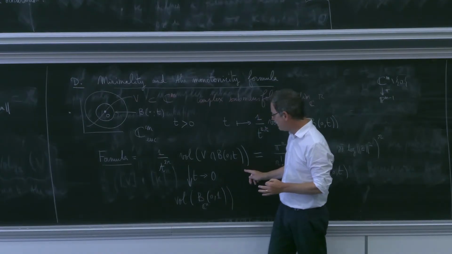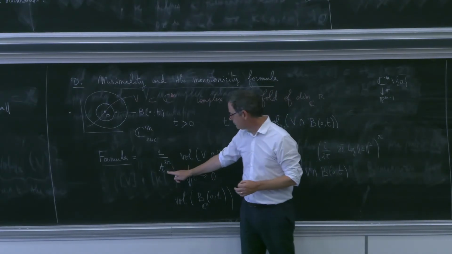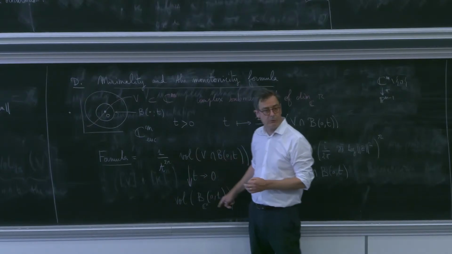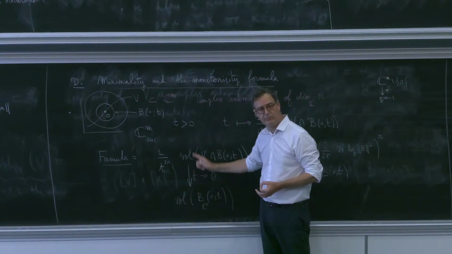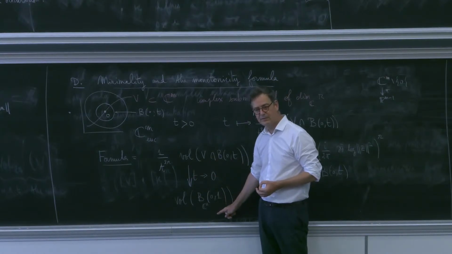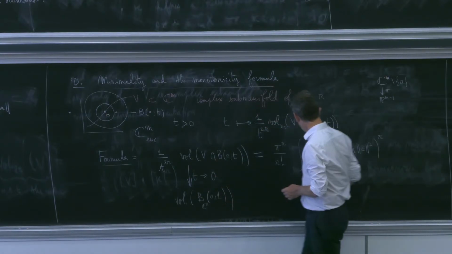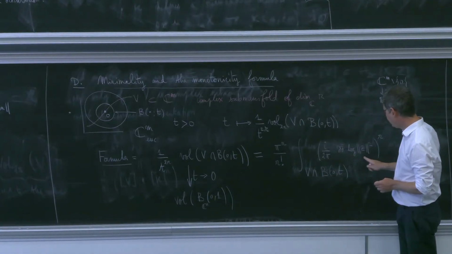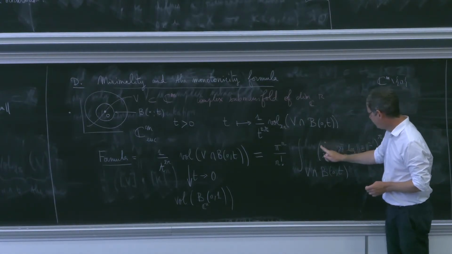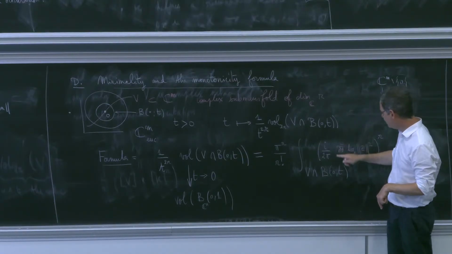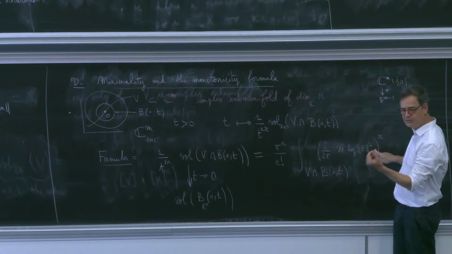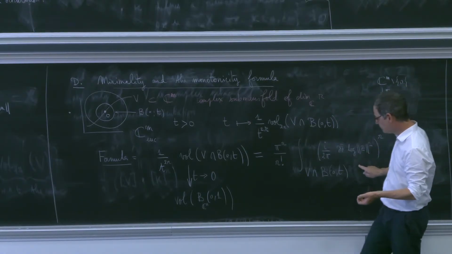So this volume is like the radius t to the 2r times the volume of the ball of radius 1. So the limit is a positive number. On the right, there is something subtle happening: this form is not smooth at the origin. When you integrate d d-bar of log |z|, there is a singularity at the origin which contributes with this value.